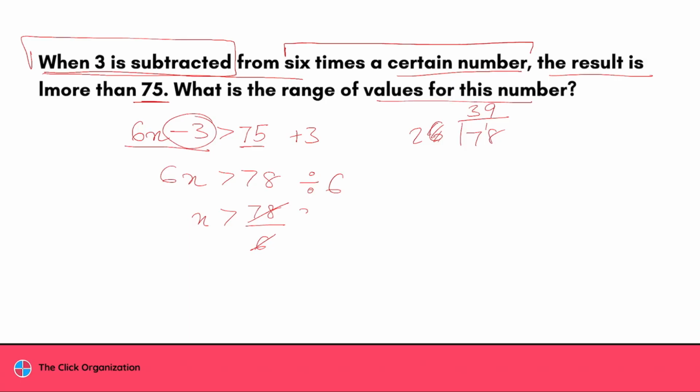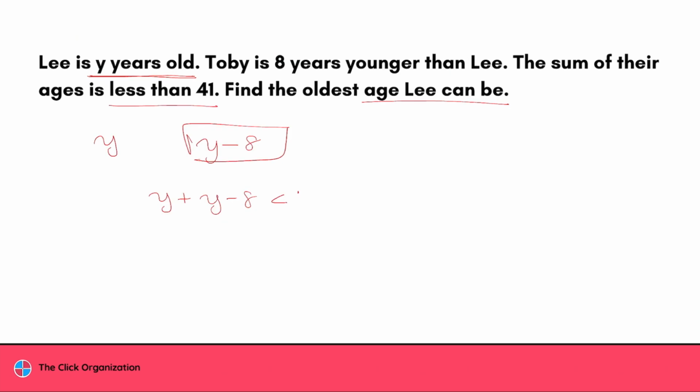The sum of their ages is less than 41. So y plus y minus 8 is less than 41. We can simplify this now. y plus y, this is 2y, minus 8 is less than 41.